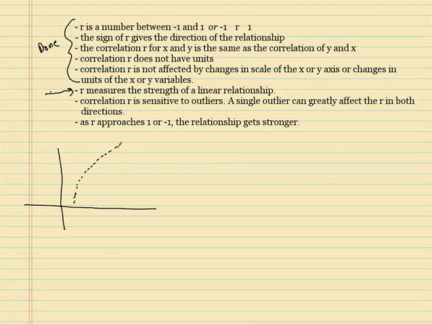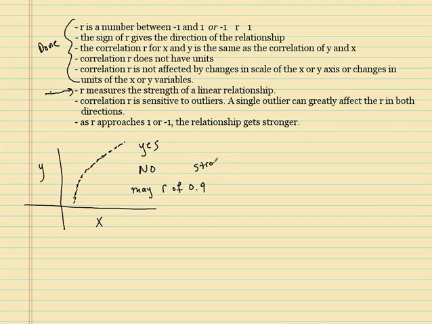So you have to ask yourself, is there an association there? Yeah, there's an association. Yes, it's pretty good. Is it linear? No, it's not linear. Now if you did the calculation by hand, which you'll never do, or put it in your calculator, you may get an r of about 0.9, which you'll see later is pretty strong.